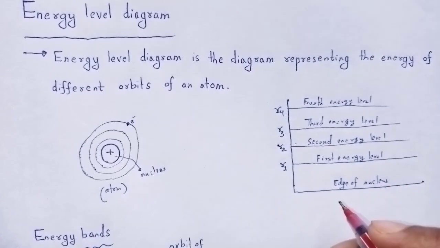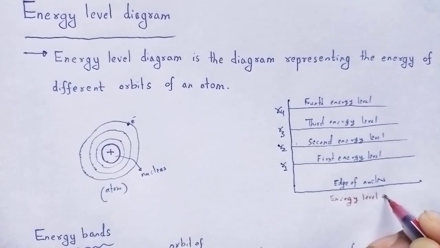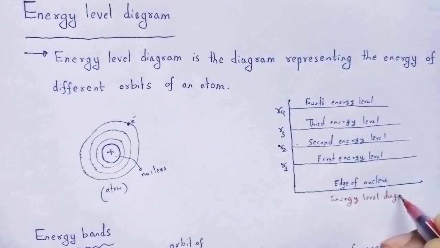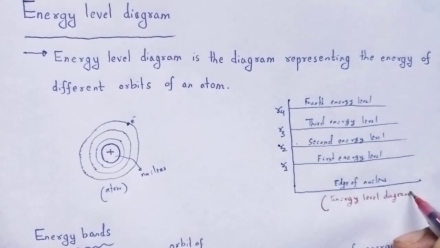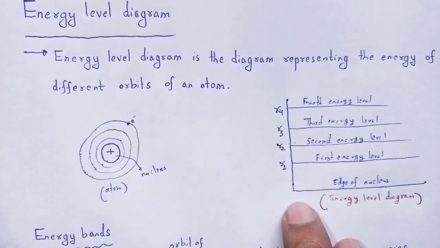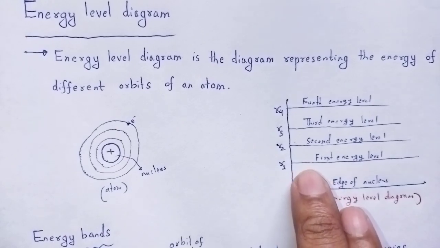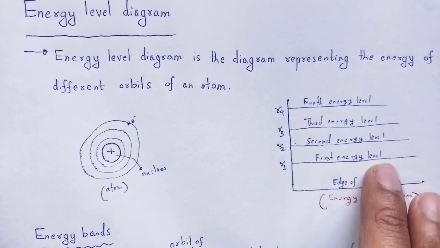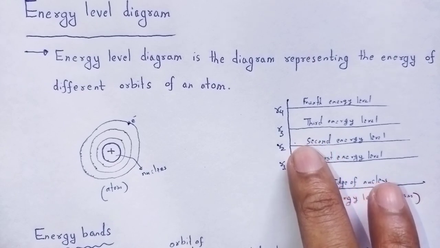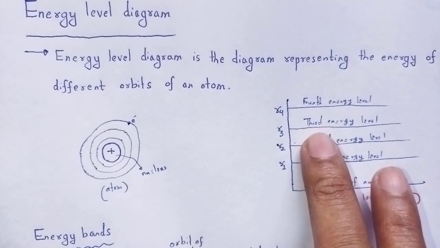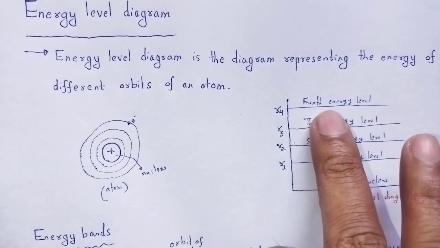Which one is the energy level diagram? In that figure, the first orbit of radius r1 represents the first energy level, then the second orbit of radius r2 represents the second energy level, the third orbit of radius r3 represents the third energy level, and so on.